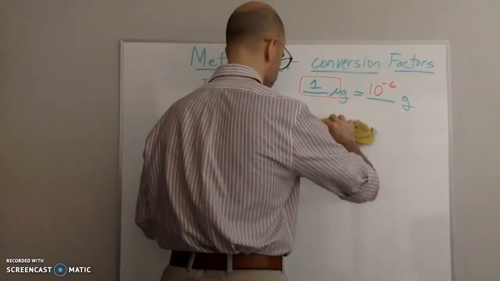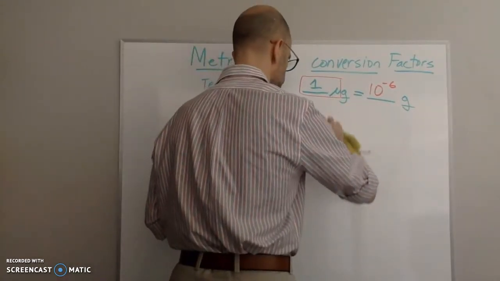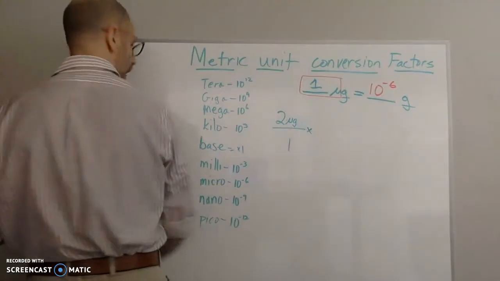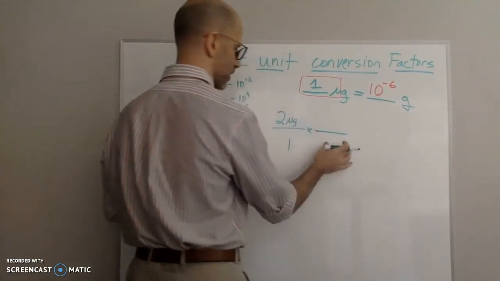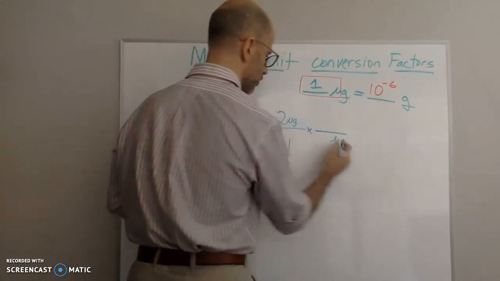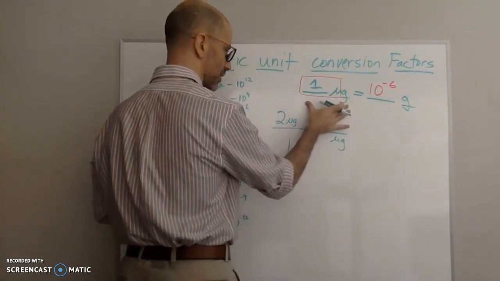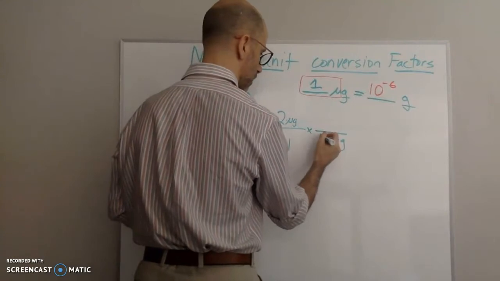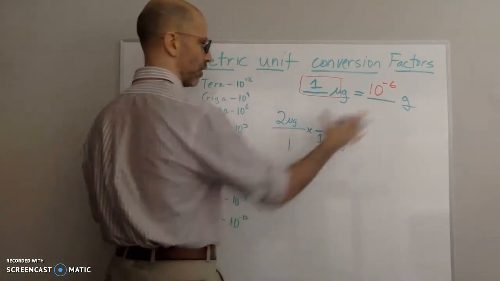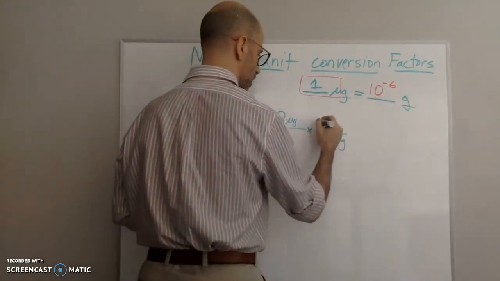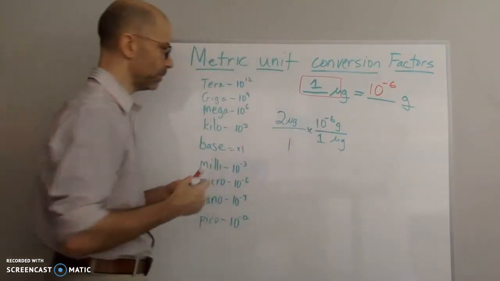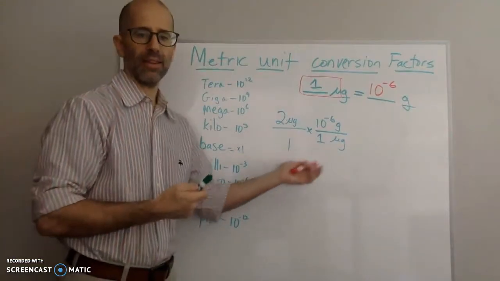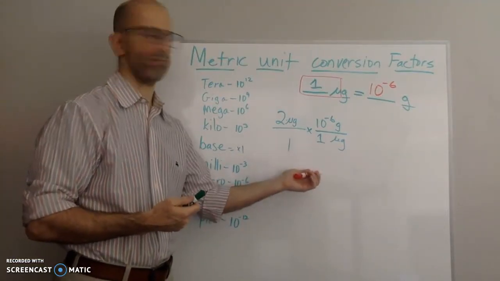So instead of grams on the bottom, now that I have micrograms on top, I need to have micrograms on the bottom to cancel out. That means that this side goes on the bottom. So that's 1 microgram, and this side goes on top, 10 to the negative 6 grams. Okay, so then I can use this to convert.